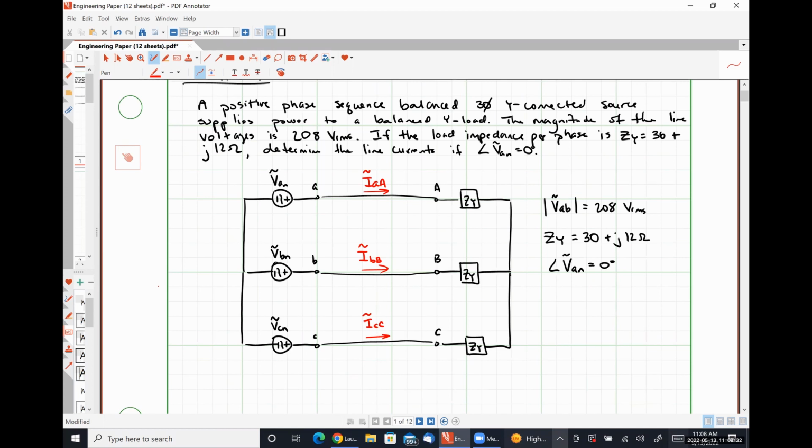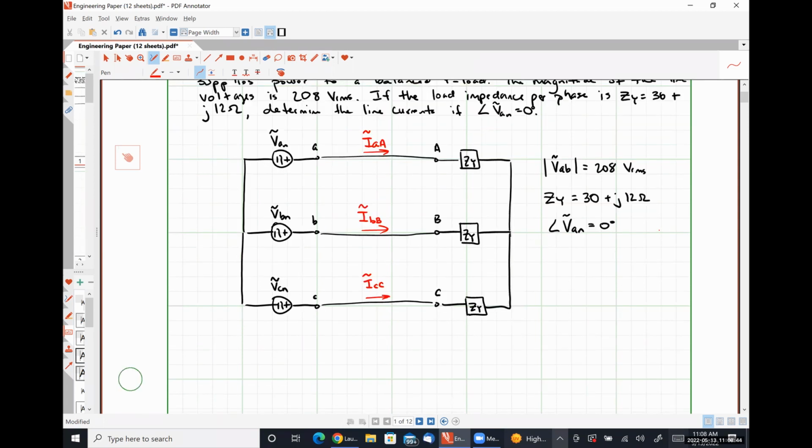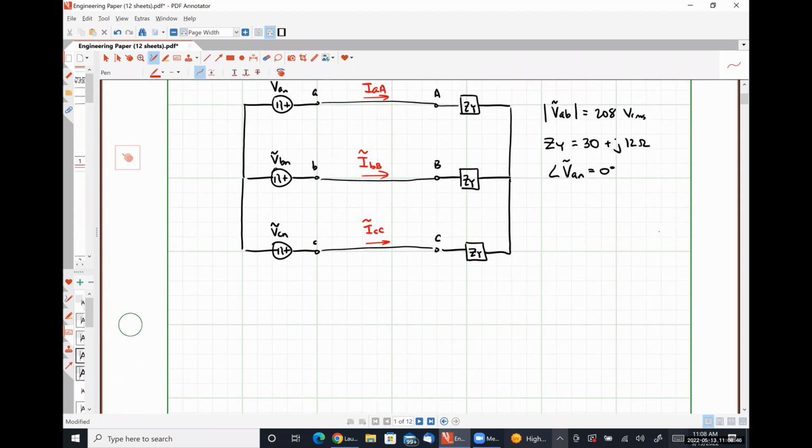So how we are going to approach this problem is using the single phase equivalent circuit model that we developed kind of in the middle of Wednesday's lecture. Okay. So for our single phase equivalent circuit model, just to be clear here, this is our lowercase n and this is our uppercase N terminals. We are going to have something that looks like this.